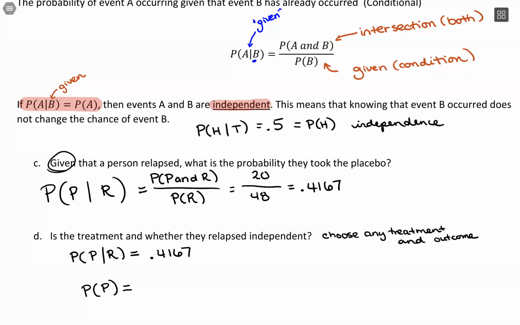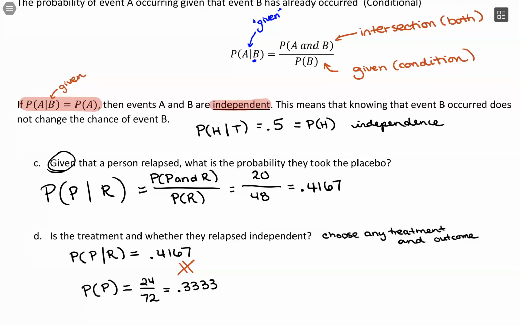So the probability of taking the placebo, there were 24 out of 72, which is 0.3333. Comparing those two numbers, those are not the same. So the probability of being in the placebo group is a 33.33% chance.